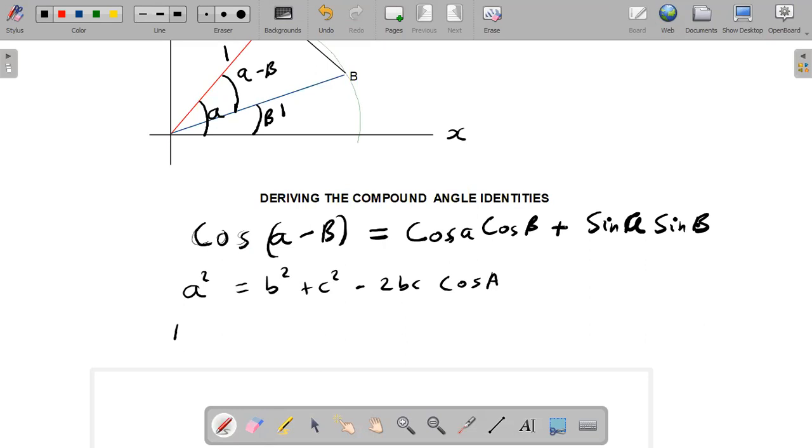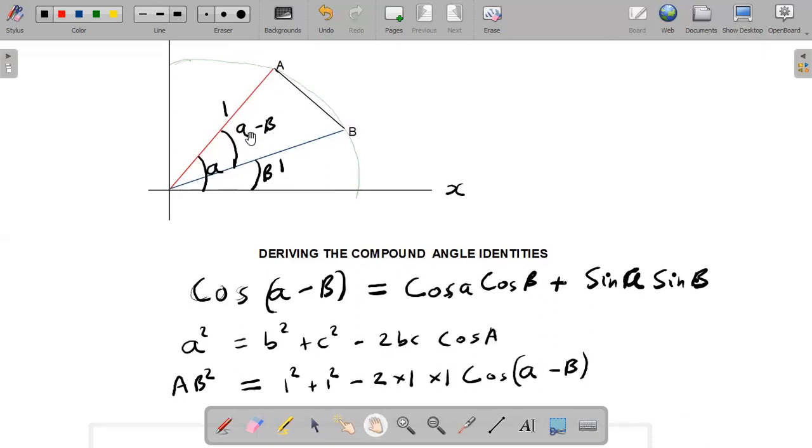So in this case, AB squared is going to be equal to 1 squared plus 1 squared minus 2 multiplied by 1 cos alpha minus beta, since it is the angle that lies inside our triangle. So AB squared is equal to 1 squared plus 1 squared minus 2 times 1 cos alpha minus beta.